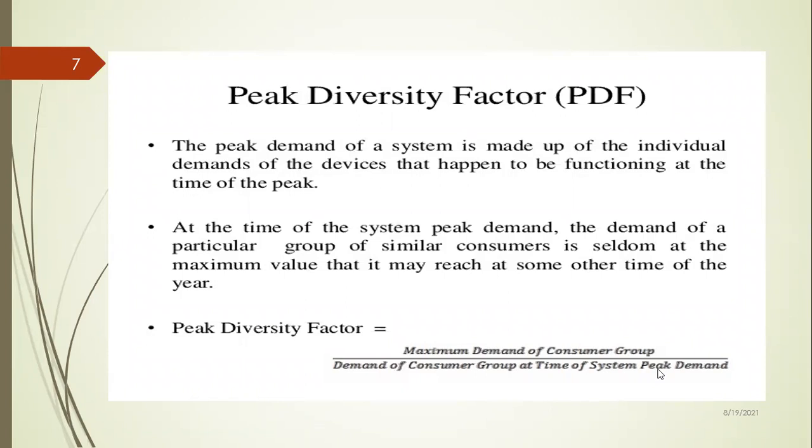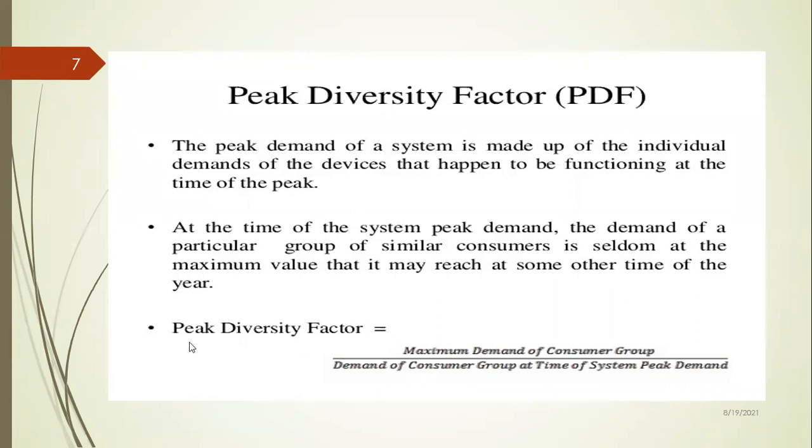When the system is running at its peak, what is my colony's demand? That is in the denominator: the demand of the same consumer group that we wrote in the numerator. At the time of system peak demand, when the city demand is at its peak, what is the demand of my colony, or what is the demand of any marketplace?